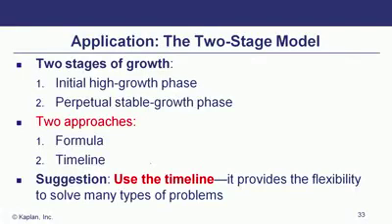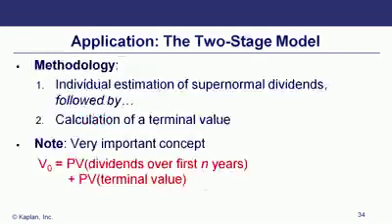So here it is, initial high phase, then perpetual. Two approaches: learn the formula or write down your timeline to make sure you know where the dividends are. I would always recommend writing down the timeline, because then you can check that you've got each dividend captured once and only once. So let's have a look.